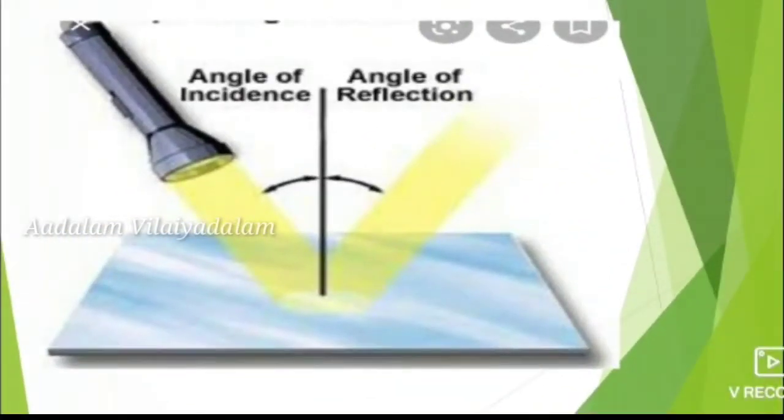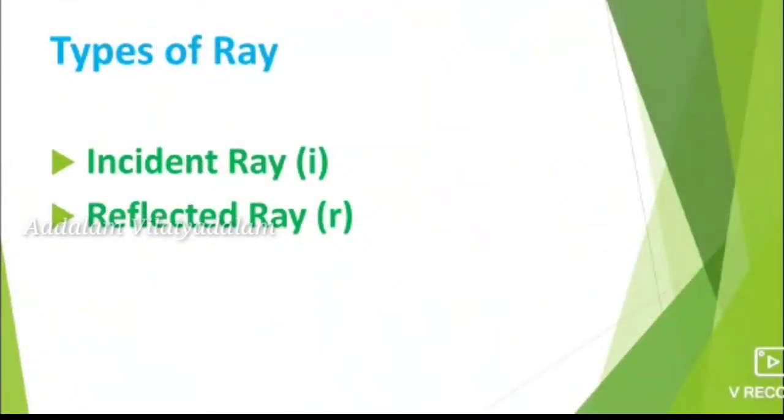In reflection, two types of rays are involved. The first one is the incident ray I, and the second one is the reflected ray R. The incident ray is the light ray that falls on the medium from an object.